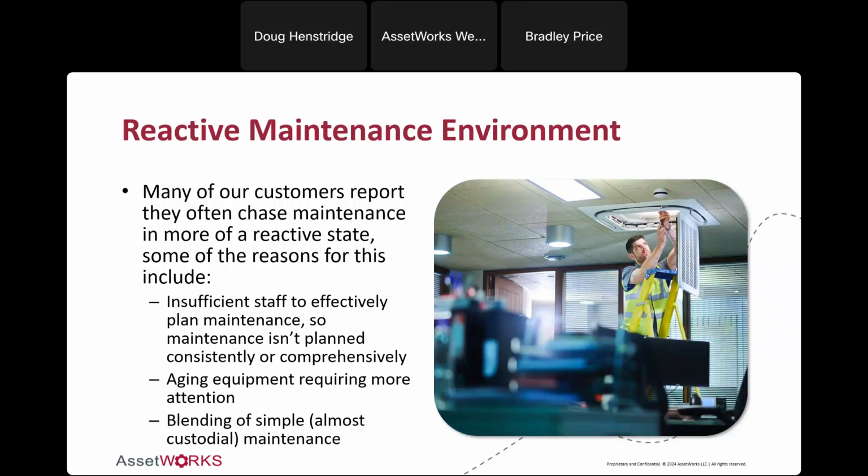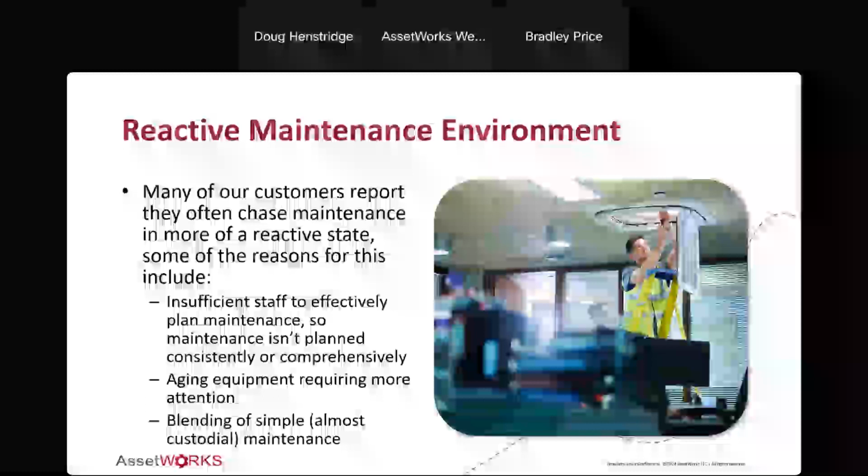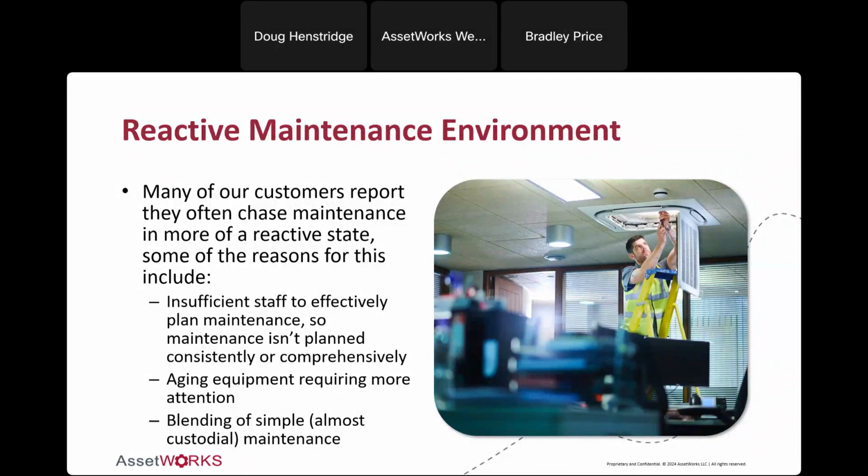I've actually seen customers that run into the situation where they have a monthly inspection required on an asset, but maybe they get to it 9 times a year, right? They either let them slide a little bit. So it's like, well, I did it on the 1st of the month, but then I didn't get to it till the next month on the 10th, which means it's going to reschedule for the 10th next month. And then it slides. So you end up doing 9, or you end up skipping them, right? Because you simply didn't get to it. So these things happen in that environment while you're chasing down all these little requests and defects and problem corrections, etc.